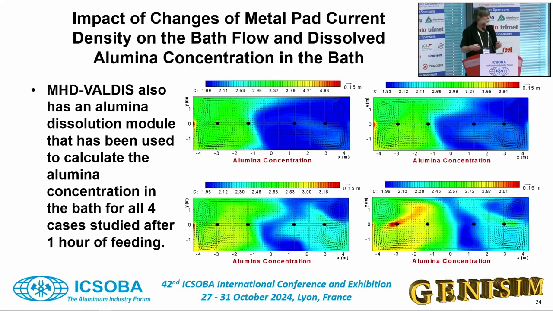And I'm not claiming that it's the case in the real cell in Hamburg, because until I validate this part of the MHD Valdez, it could be far off reality. That's the story about modeling. You need to validate before you can trust your model.